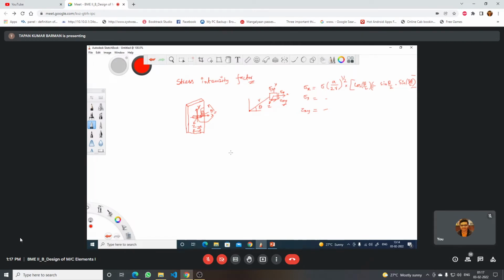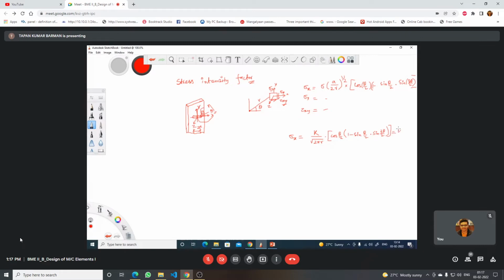Now from here, basically, we put sigma x is K by under root 2 pi r into cos theta by 2 into 1 minus sin theta by 2 into sin 3 theta by 2, like this.